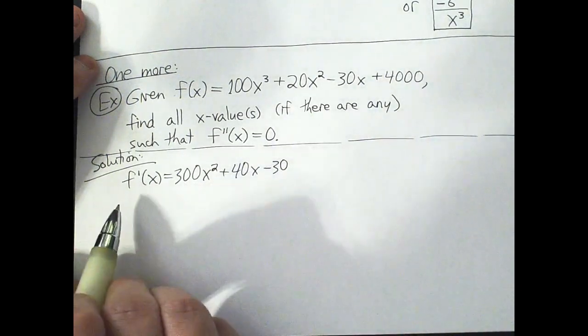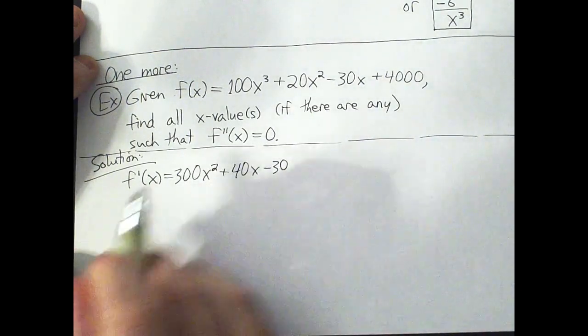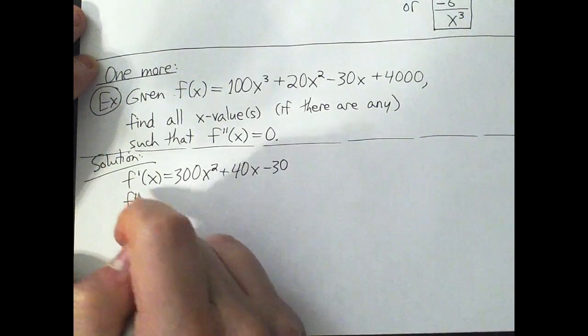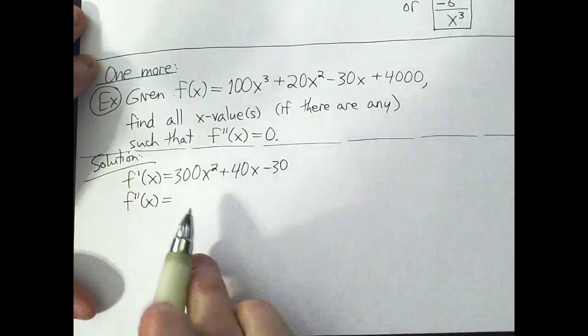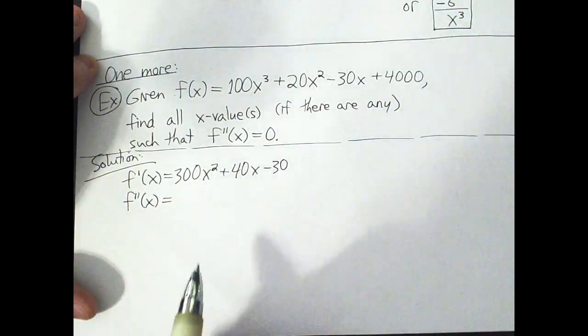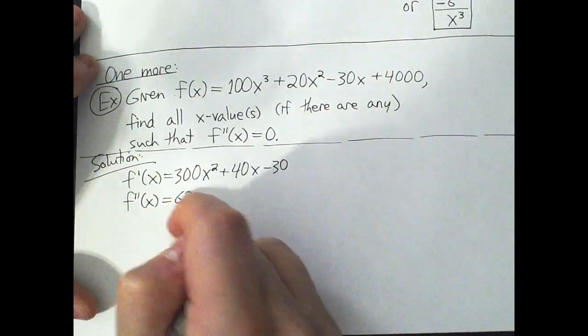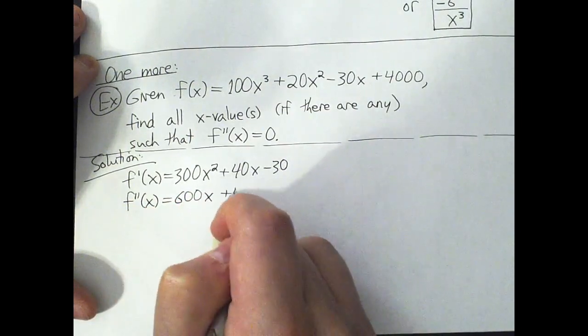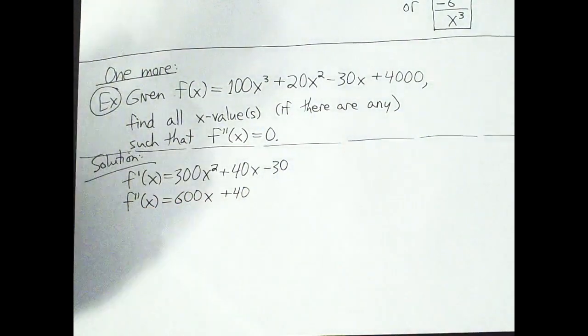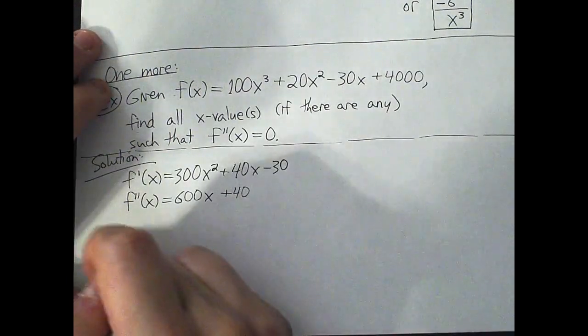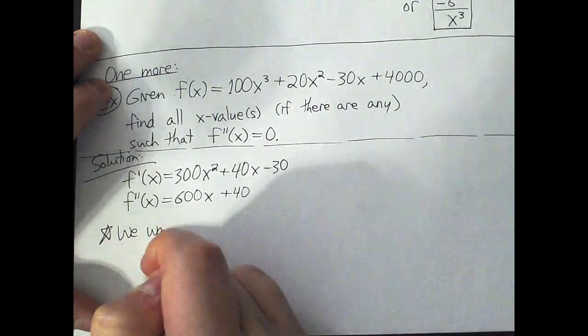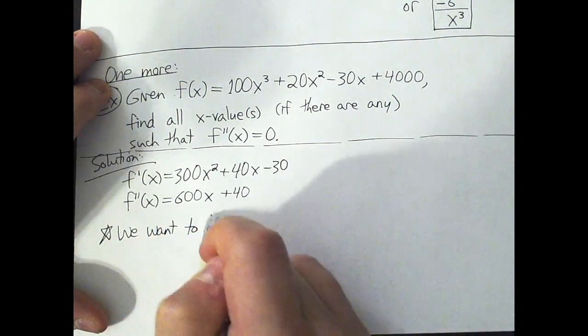That's the first derivative. We want to find the second derivative. So let's find the derivative of this. That's going to be 600x plus 40.